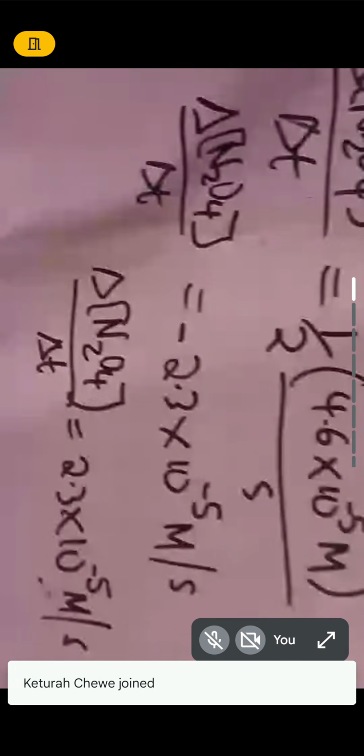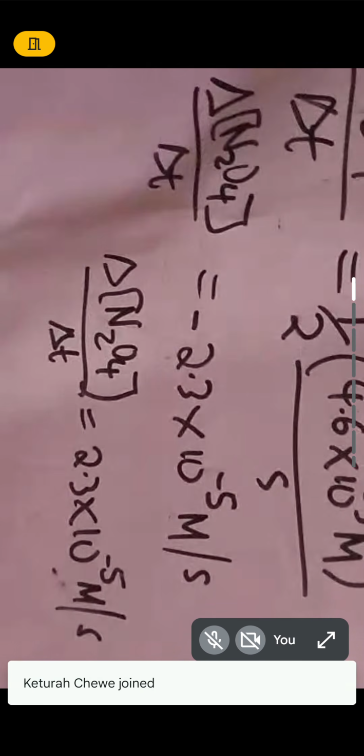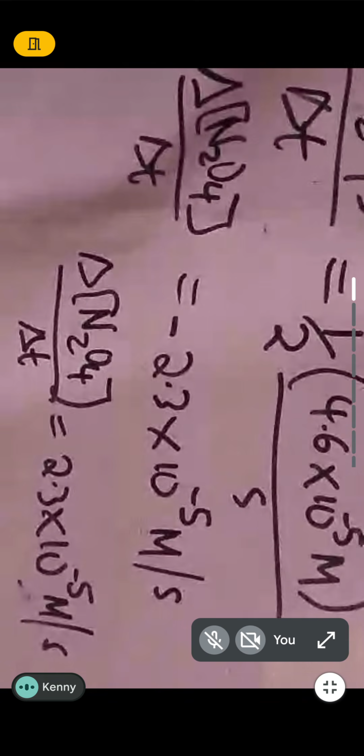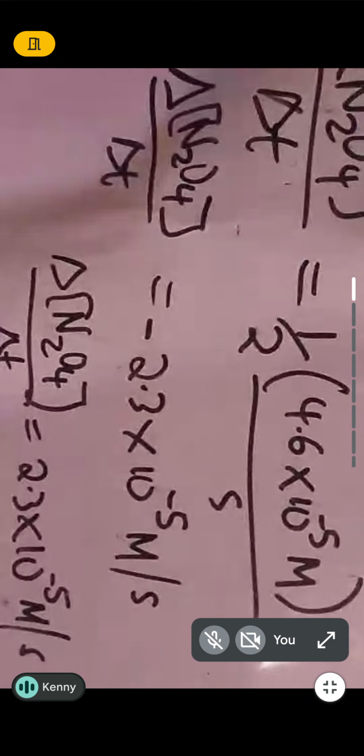We know it is negative, but we normally represent rate as a positive quantity. Rate is always positive. That is how we can calculate.